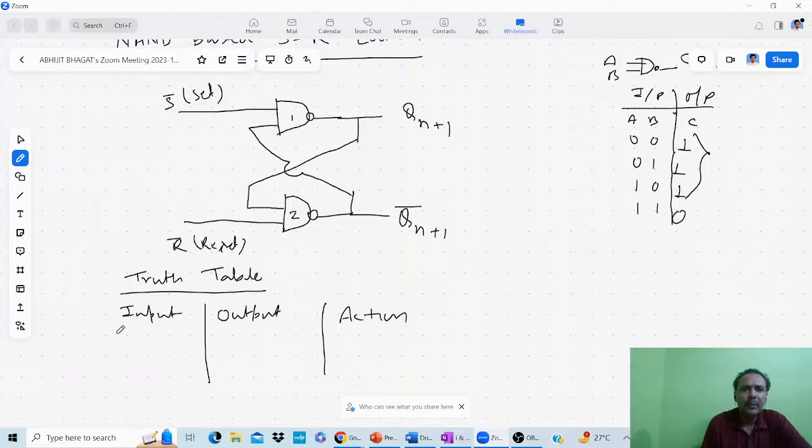Input and output is the truth table. Just we discuss the action, what happened. That's why I add this column. Now input output. Your input is S bar and R bar. Output is Qn plus 1 and Qn plus 1 bar.